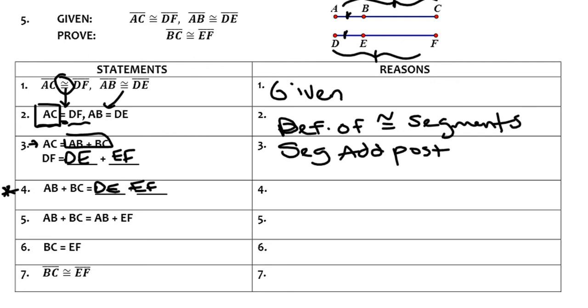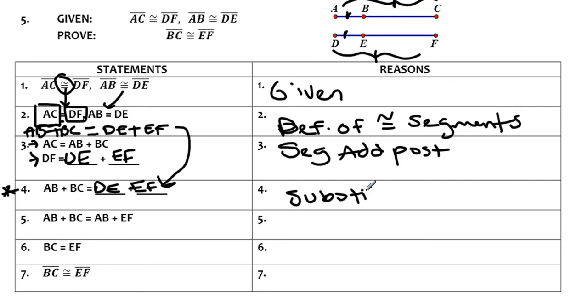So what I'm going to do is replace the AC right here, this AC that was given, with what we said it equaled, AB plus BC. And I'm going to replace this DF here with what we said it equaled, DE plus EF. So down here, I'm just rewriting that, and that is allowed to be done by the substitution property.